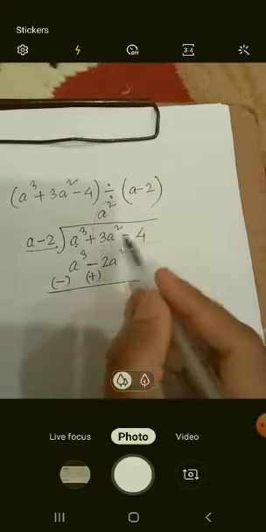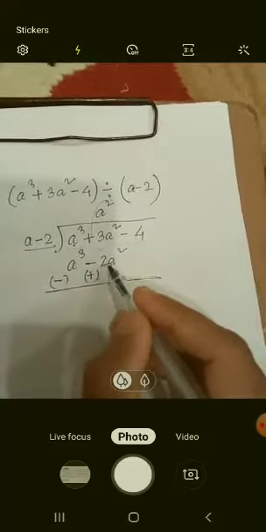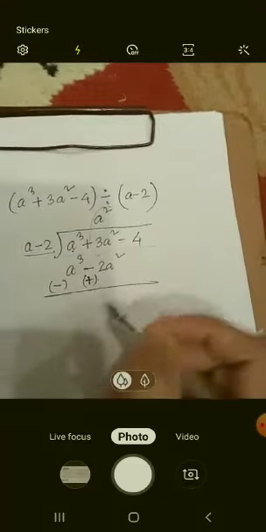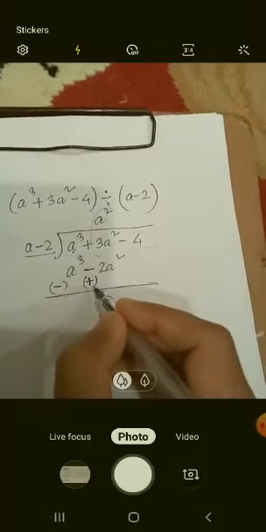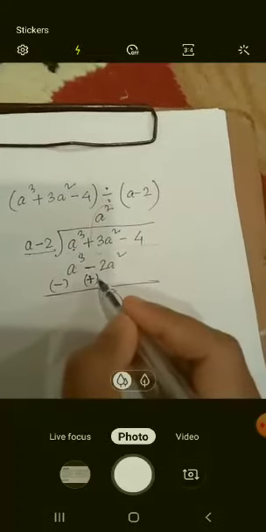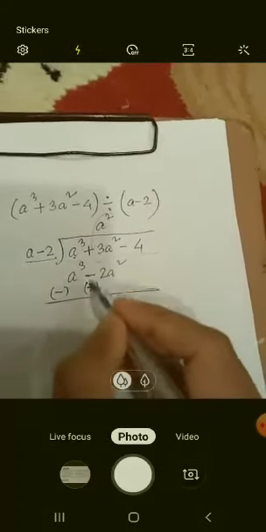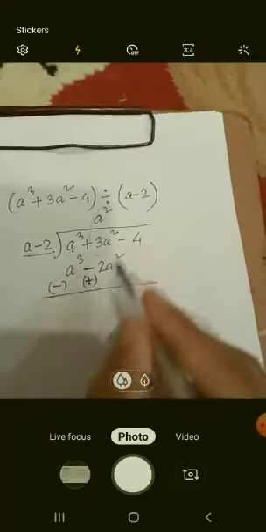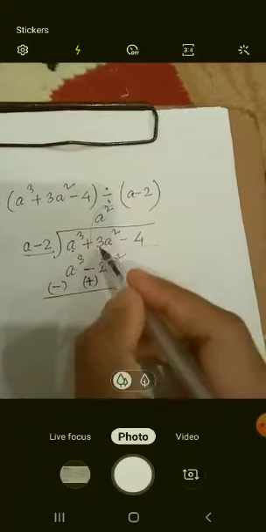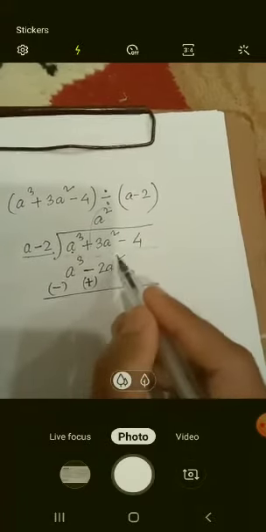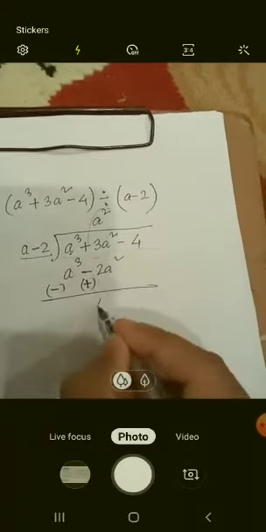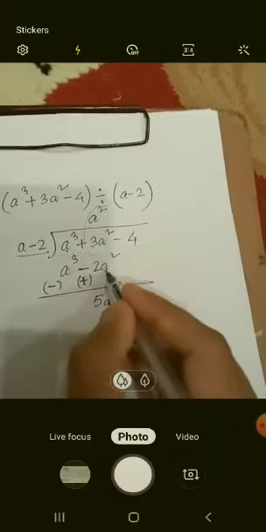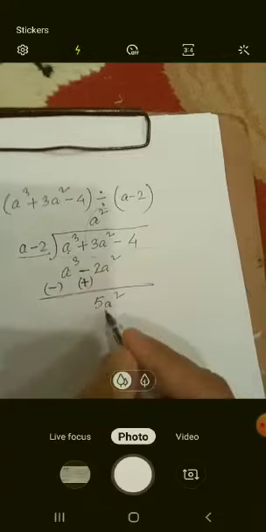In front of 3a square there is a plus sign, and in front of 2a square there is also plus. Plus plus plus, it will be plus only. So 3a square and 2a square, if we add, it will be 5a square.